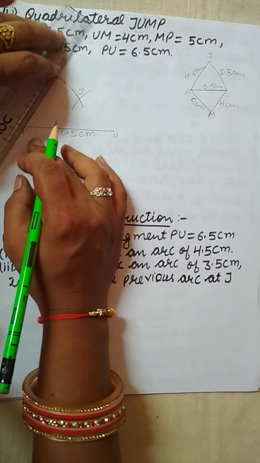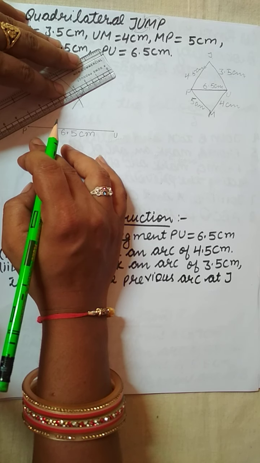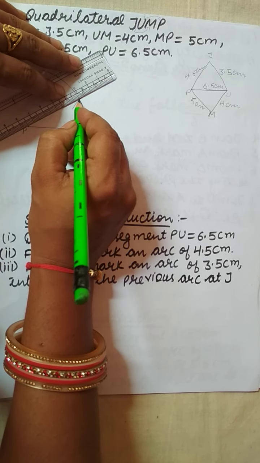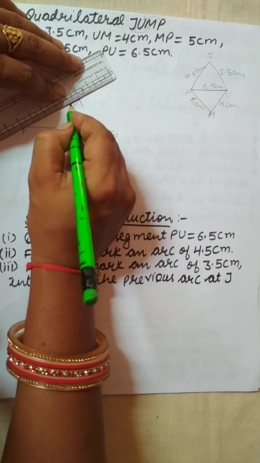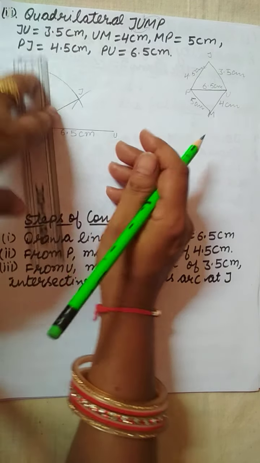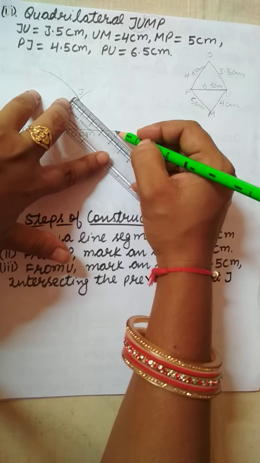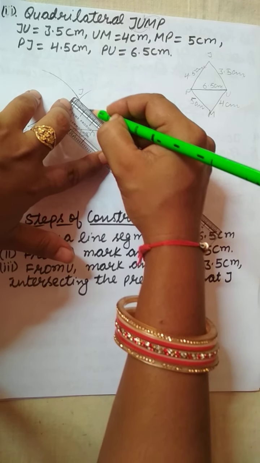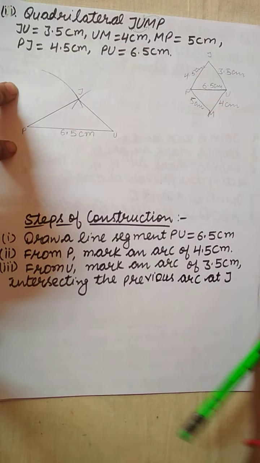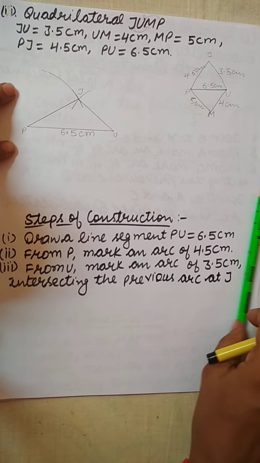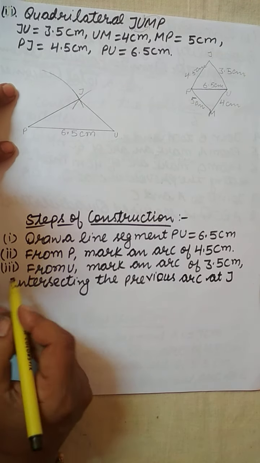Now I will join P to J and also J to U. So the upper triangle is formed and I will write the step of construction.